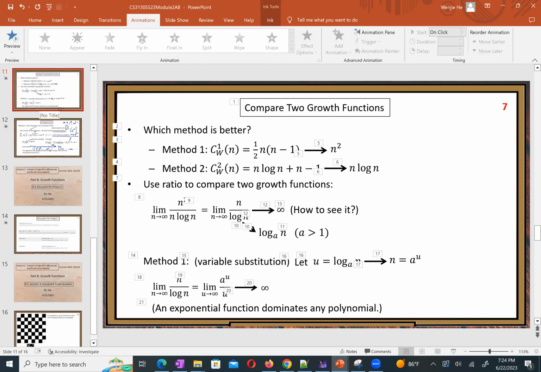Similarly, in this one, the first term dominates all the other terms. And now we have proved how they do it by comparing these two growth functions. All right, so that's part B.